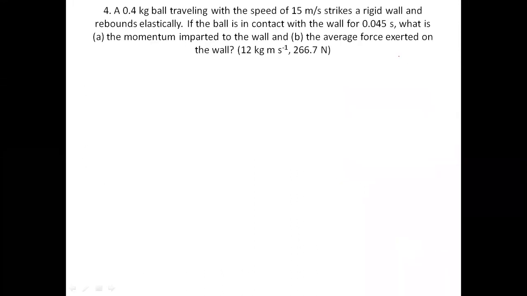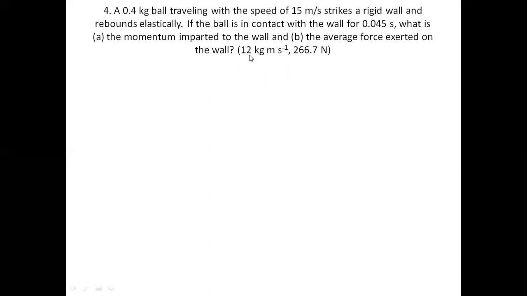Now students, I want you to focus on the screen in question number 4. Very simple exercise of questions and formulas. A 0.4 kilogram ball traveling with a speed of 15 meters per second strikes a rigid wall and rebounds elastically. If the ball is in contact with the wall for 0.045 seconds, what is part A, the momentum imparted to the wall, and B, the average force exerted on the wall.